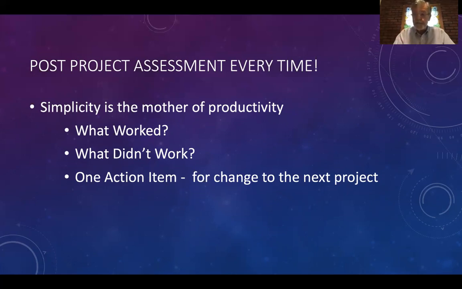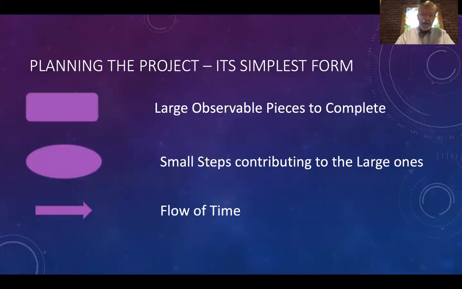Now, if you do that, chances are you're not going to make more than 2, 3, 4, 5 process mistakes in the project from the very first time you start. So that means within 5 iterations, you're going to have a very clean process in the way you do projects, and you're going to be practiced at it so that it becomes almost second nature. Okay, that is the concepts that we're going to be using for project management.